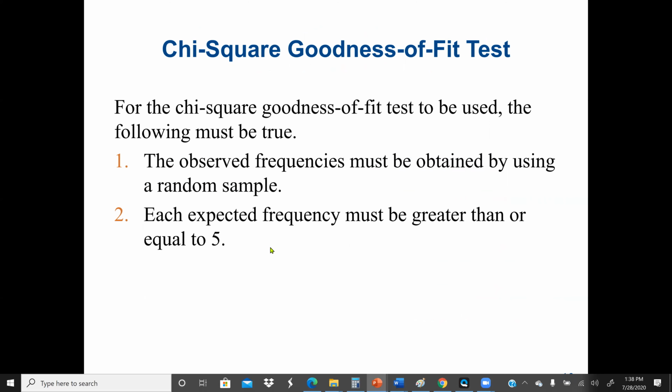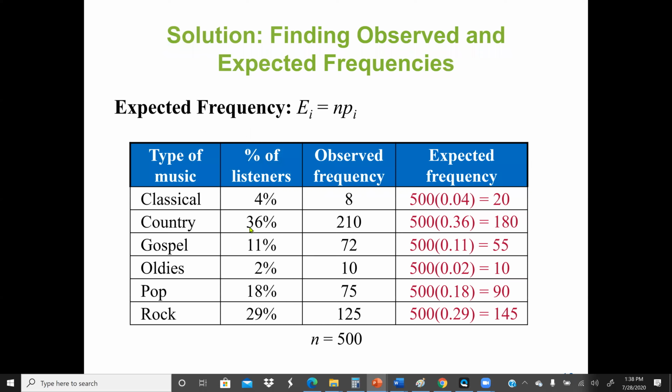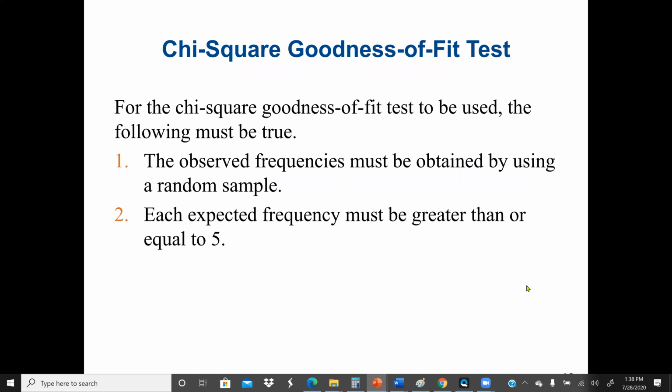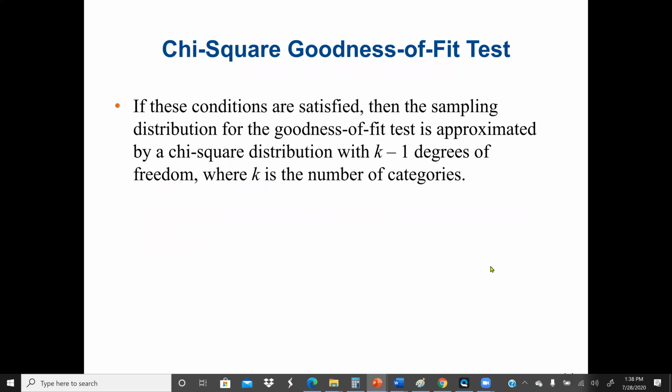Then each expected frequency must be greater than or equal to 5. So we have to check this condition. You can see here all our expected frequency values are greater than 5. Otherwise, we can't use the test. So those are the 2 conditions.